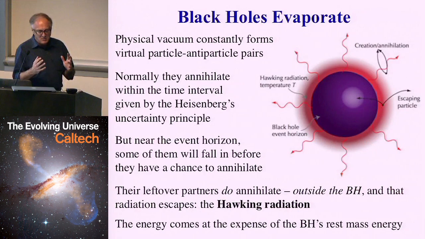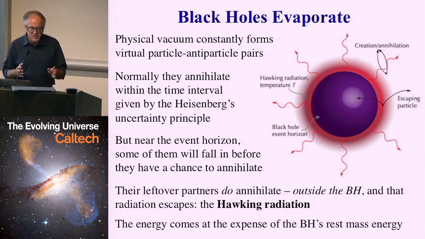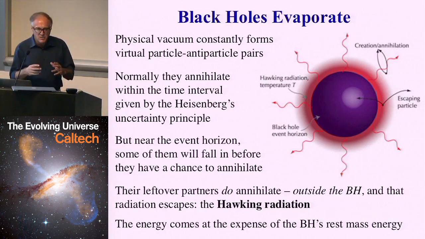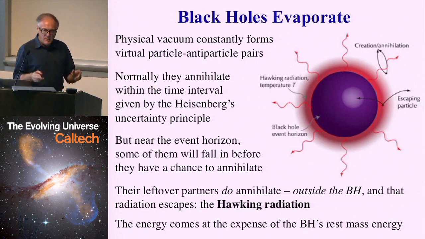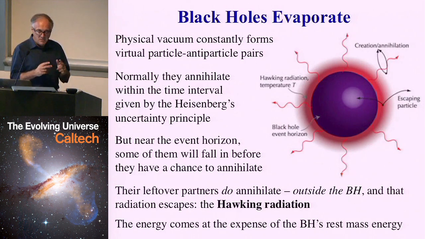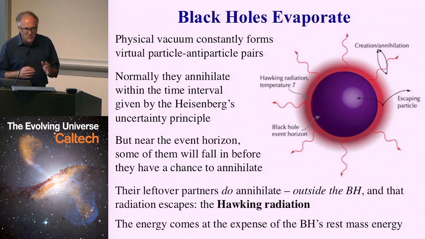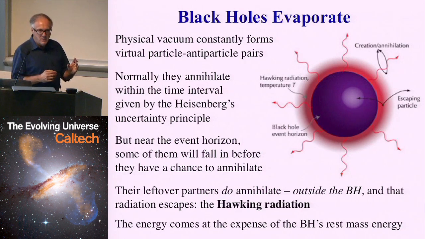In quantum physics, we believe, and there are excellent experimental reasons to believe this, that the physical vacuum is constantly bubbling, creating particle-antiparticle pairs, but they annihilate within the interval given by Heisenberg's uncertainty principle, so that normally you never see anything. But what happens if you do this just outside the event horizon, and it's an electron-positron pair?